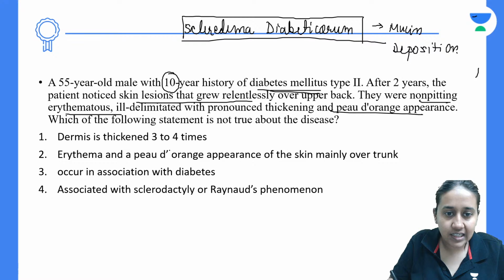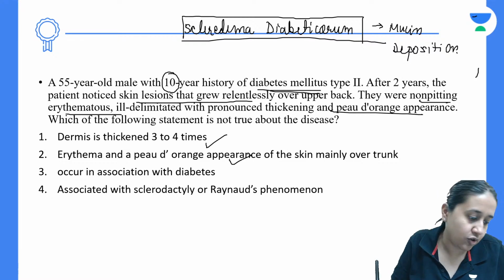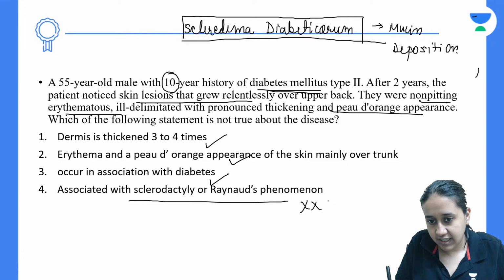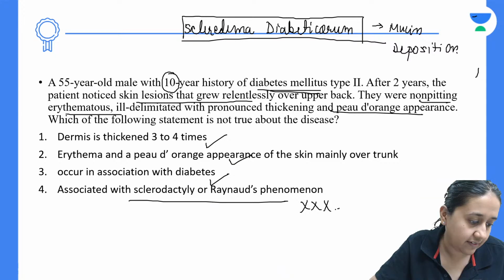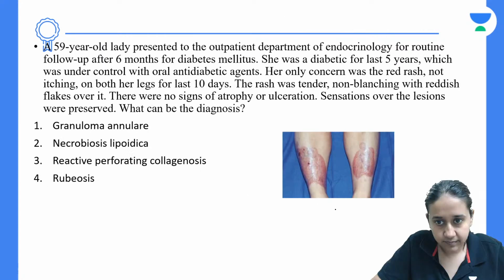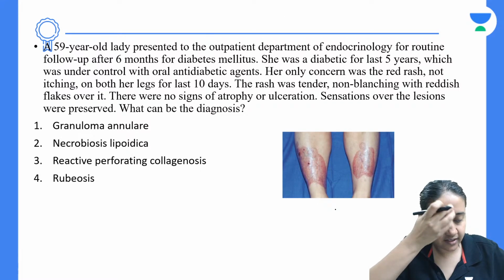The dermis becomes 3 to 4 times thick and gives you a peau d'orange appearance. And please remember, sclerodactyly or Raynaud's phenomenon is not the feature. Next.